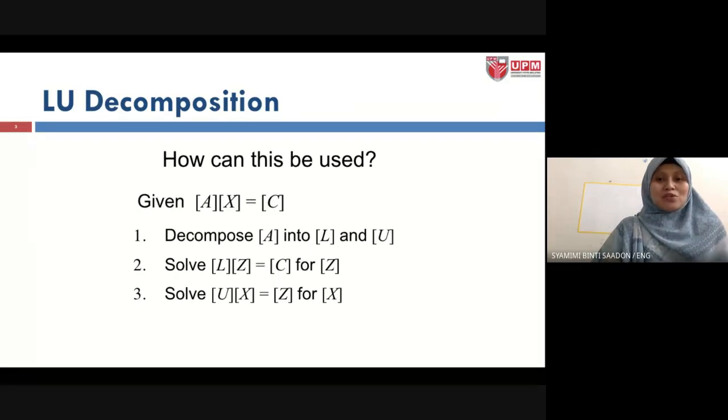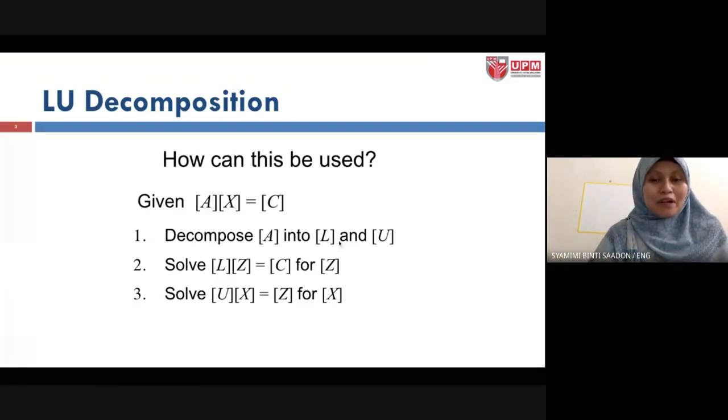First we have to decompose the matrix A into 2 matrices, lower and upper, L and U. The matrix will be 3 times 3, with 3 rows and 3 columns. Then there are another 2 steps.